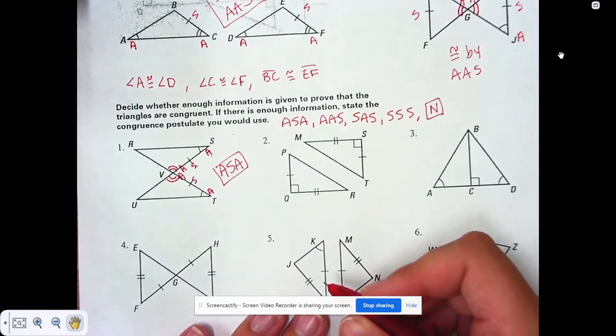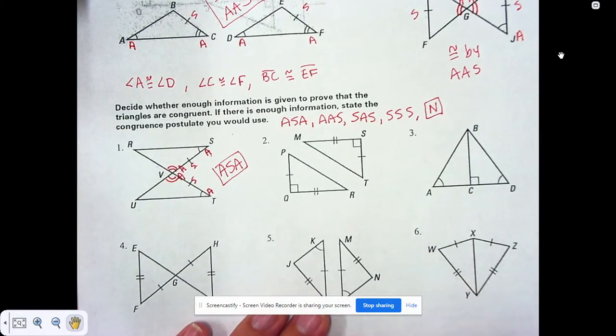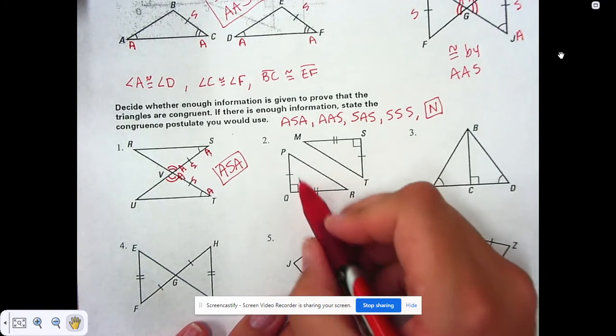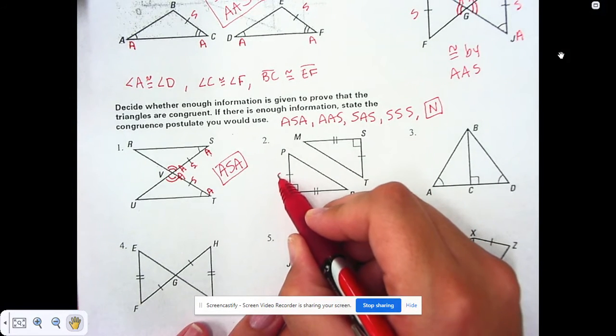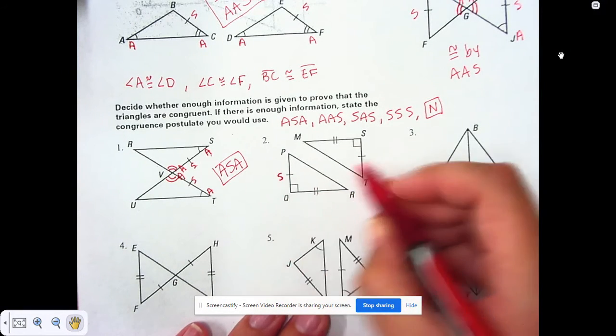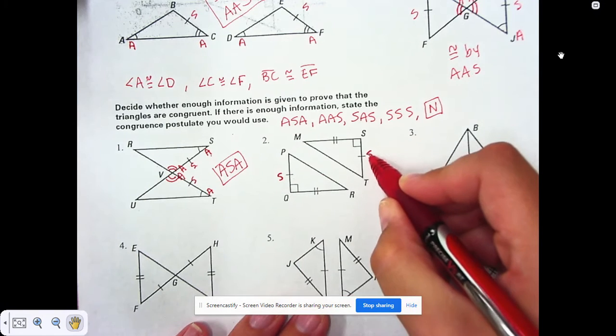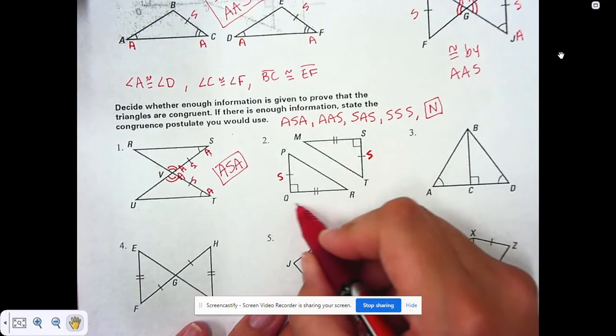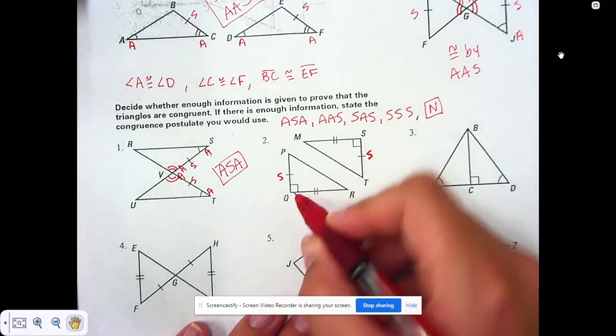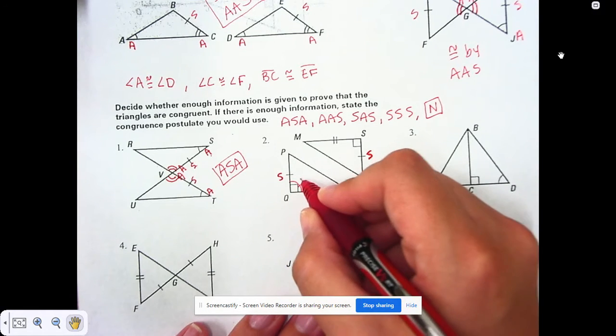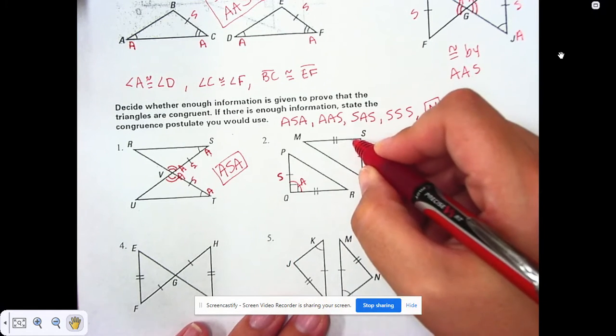Okay. One more, and then we're going to pause the video. On number 2, we have this side of PQ is the same as this side of ST. We have that this right angle, so it's an angle, is congruent to this right angle.